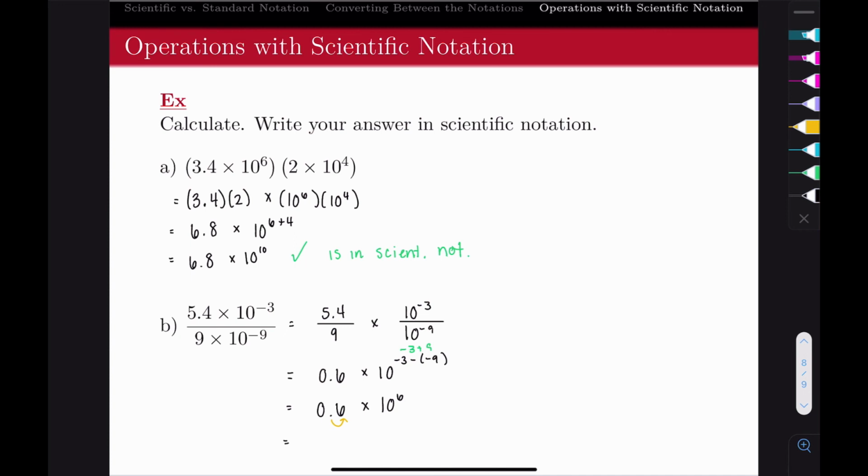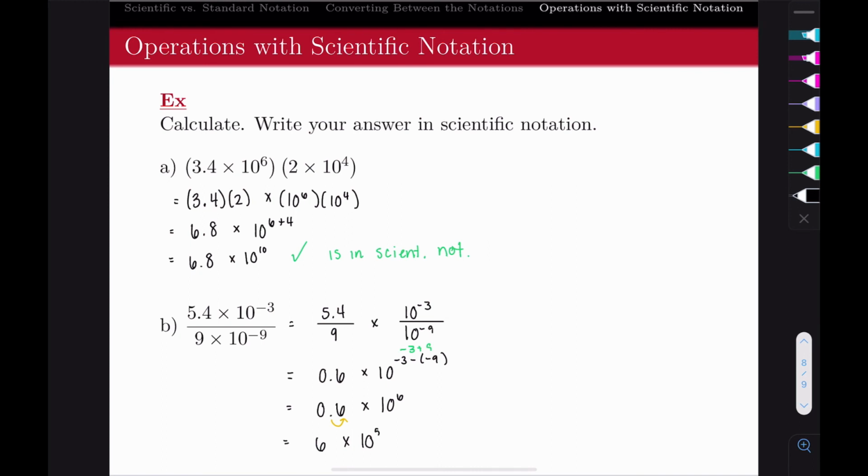I really want this decimal to move 1 space here. And so my power is currently 10 to the 6. So if I were to convert this, I would move my decimal 6 places and it would be something that's much larger. So this positive exponent is really telling me I would go ahead and move my decimal 6 times anyway. To put this in standard form, I've got to move this decimal once.